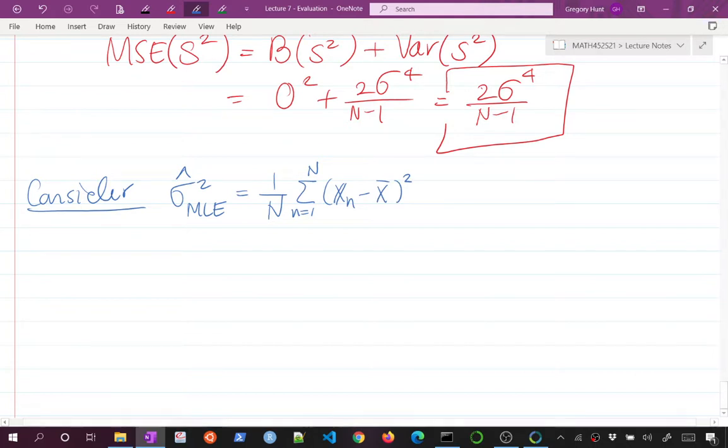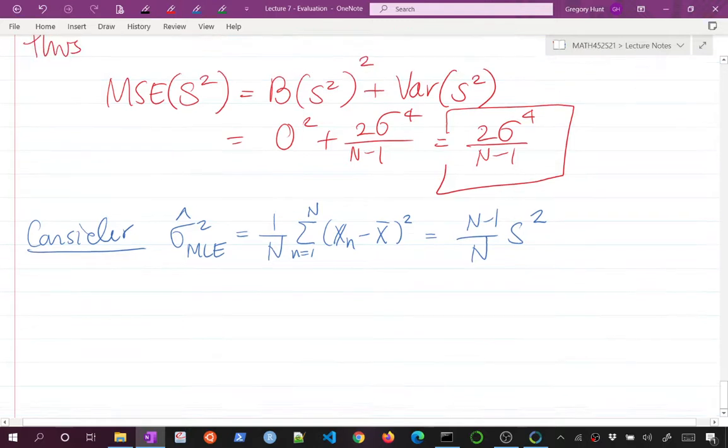So it's kind of similar. In fact, you could write it as n minus 1 over n times s squared, right? The n minus 1 on the top would cancel with the n minus 1 in s squared, and we'd be left with n on the bottom. So that's one way you could write it.